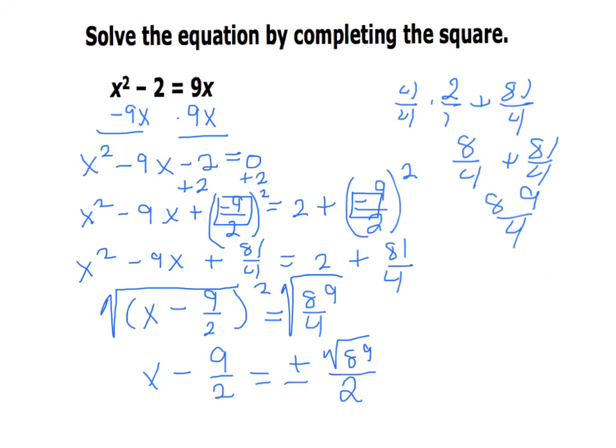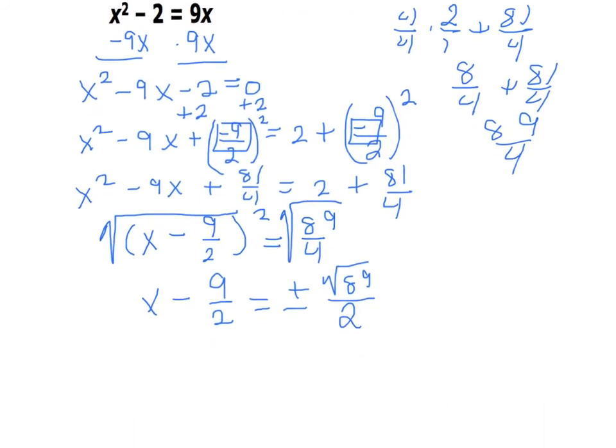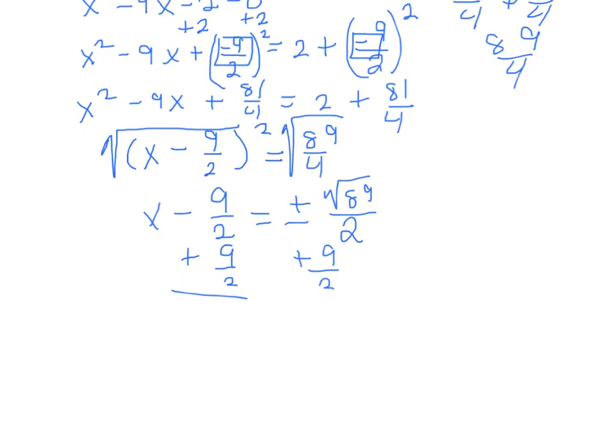Now at this point, I am going to add 9 over 2 to both sides, and that is going to give us x is equal to 9 over 2 plus or minus the square root of 89 over 2.